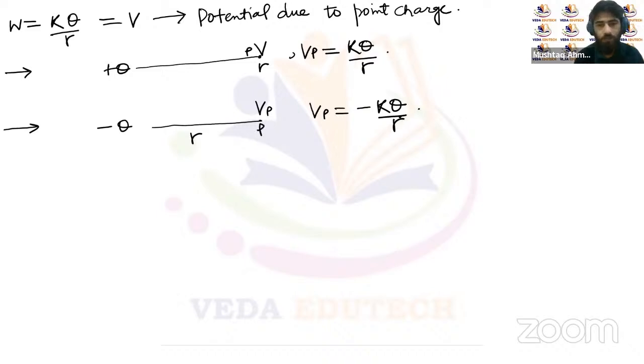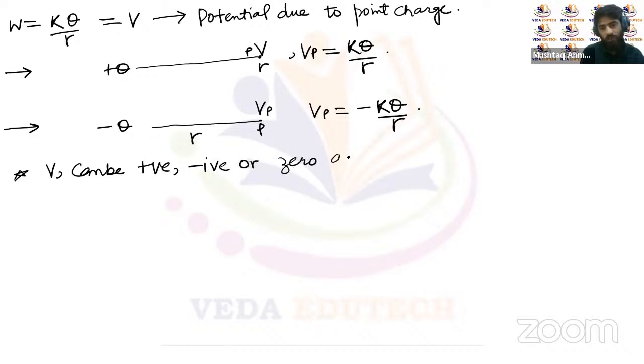So the potential can be positive, it can be negative, and it can be even zero. So the important point here is that potential V can be positive, negative, or zero as well.